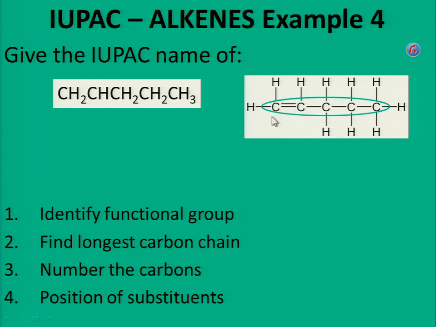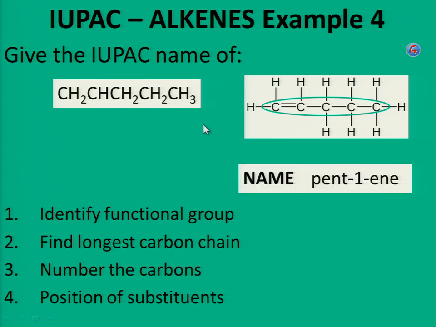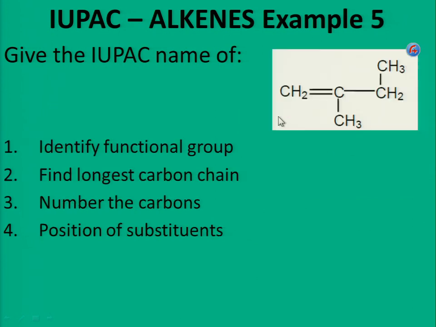So there aren't any more hydrogens bonded to these two carbons than these two and that one. And therefore you need a double bond there, otherwise the carbons do not have 4 bonds. CH2, CH2, CH3. So now you can count your carbons, 1, 2, 3, 4, 5, therefore pent. And where's the double bond? At carbon 1.